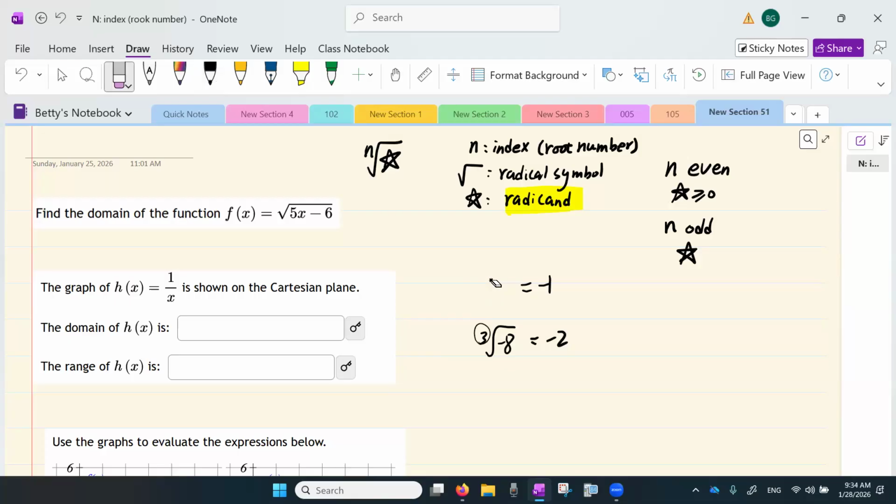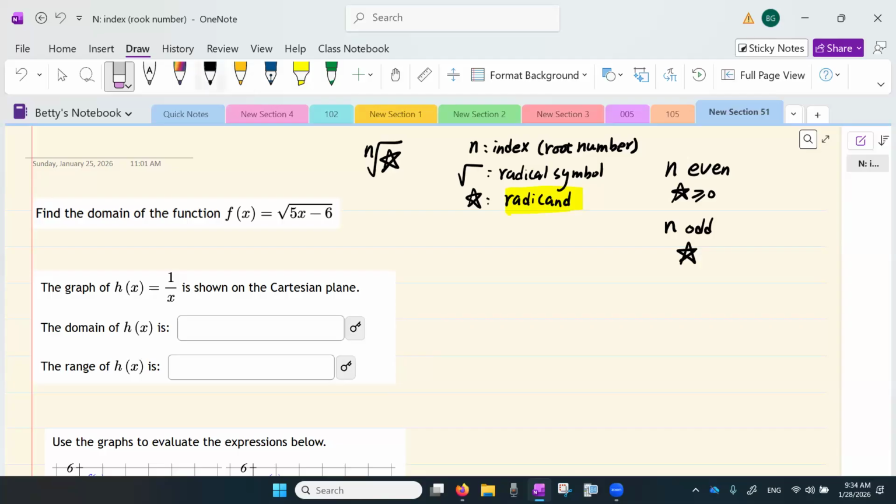Here, I want to emphasize, if the index of a radical function is an even number, then the radicand has to be non-negative. Most of the time we don't really have to worry about fourth root or sixth root. We only do the second, when the index number is 2, square root, or maybe occasionally cube root, right?